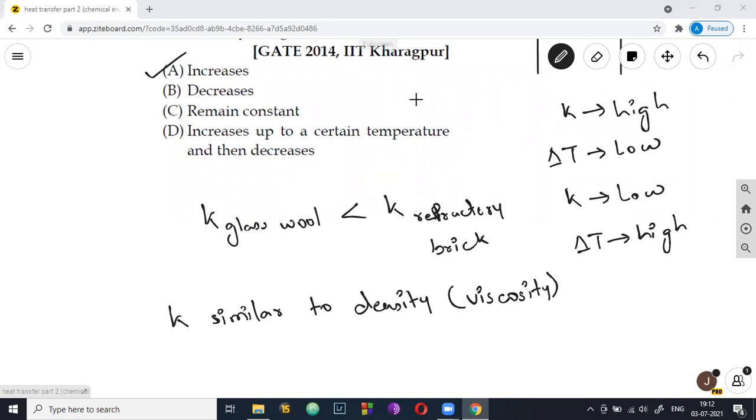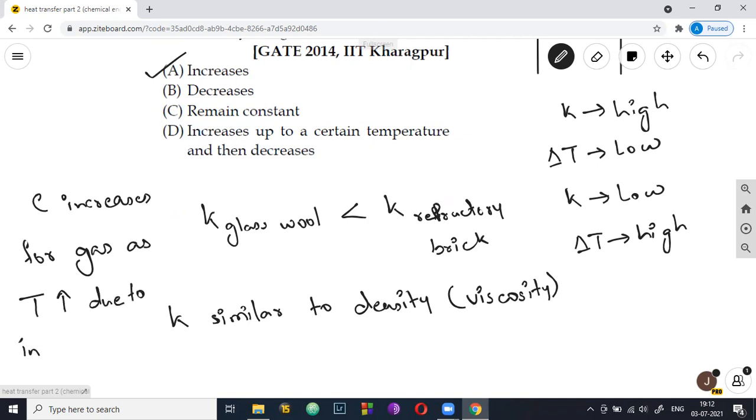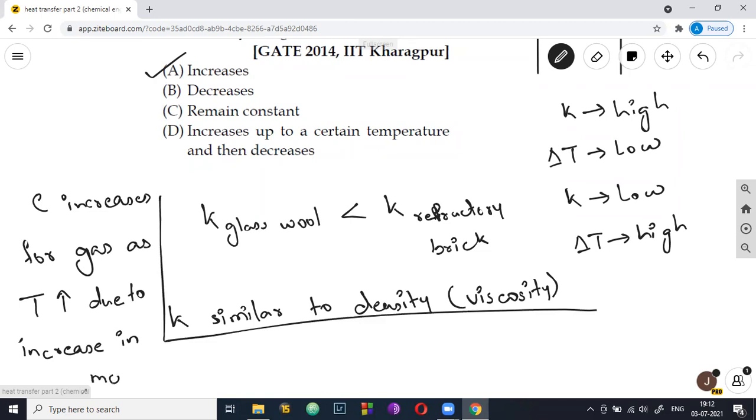So remember, for gases, density increases as temperature increases due to an increase in molecular momentum transfer.